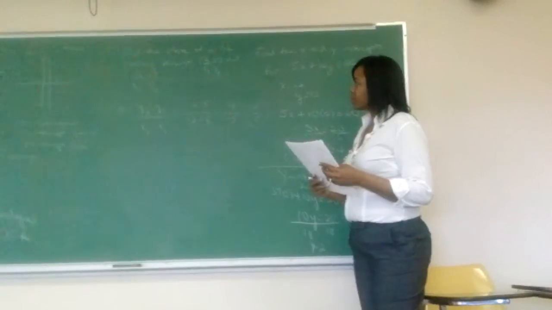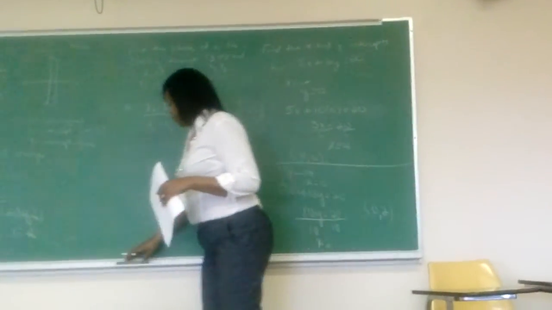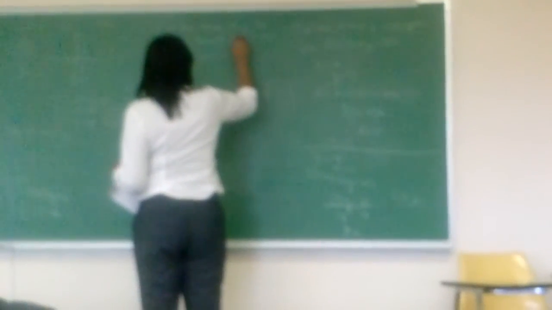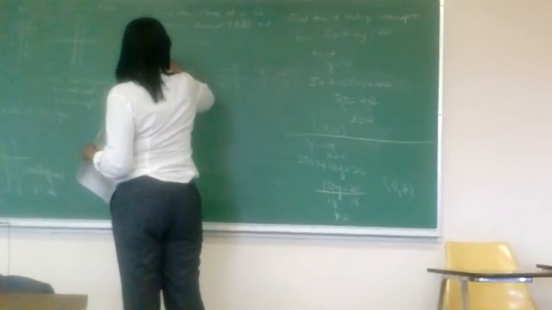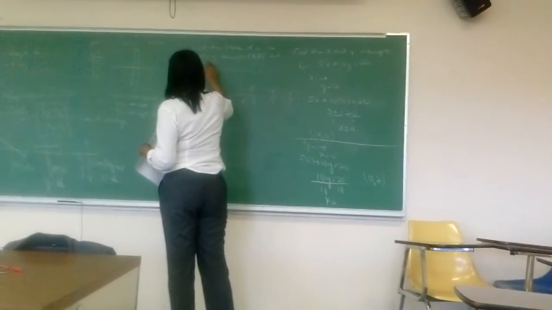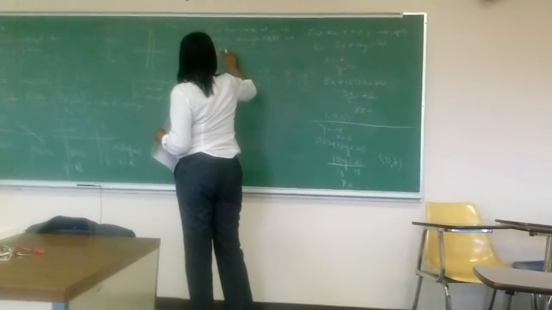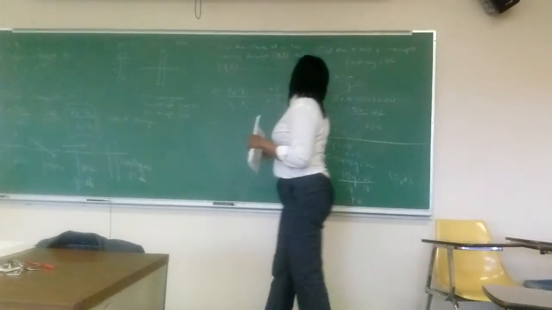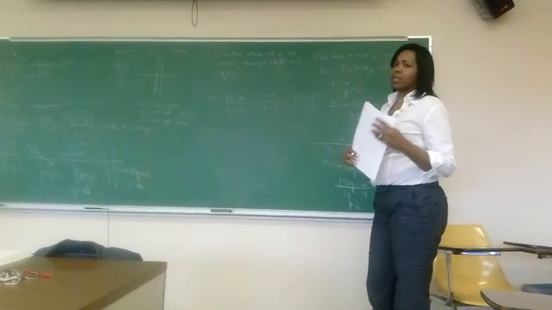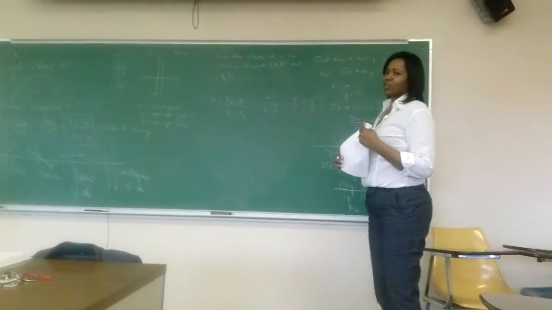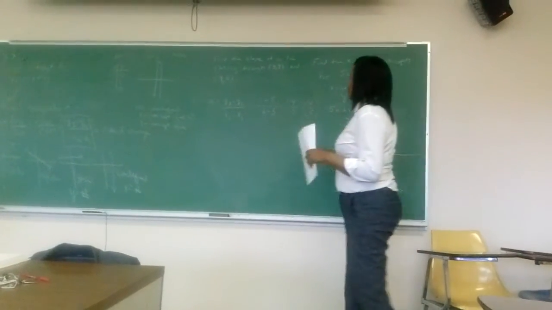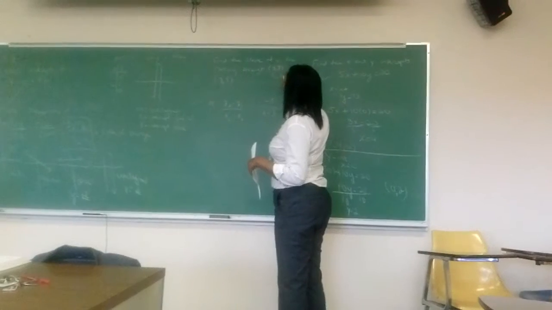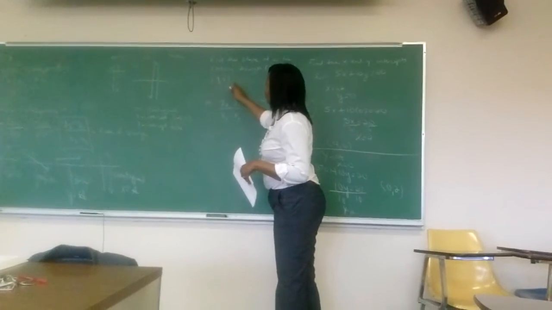All right. Let's say that I want to find the slope passing through 3, 8 and 7, 8. Okay. This is x1. This is y1. x2, y2.